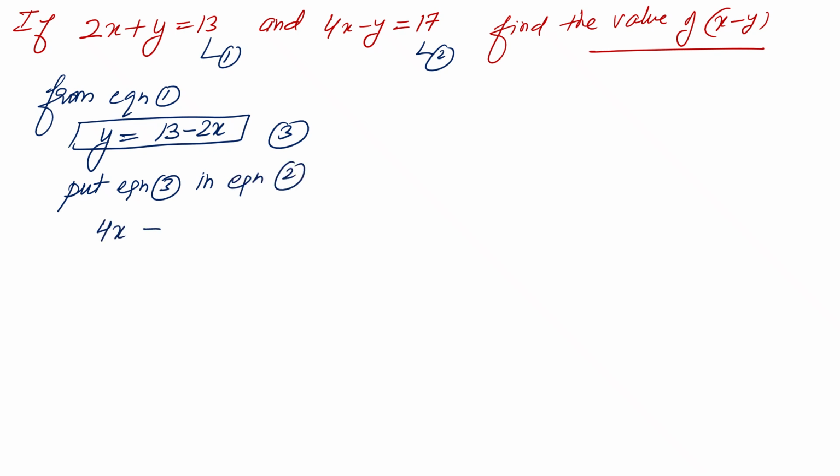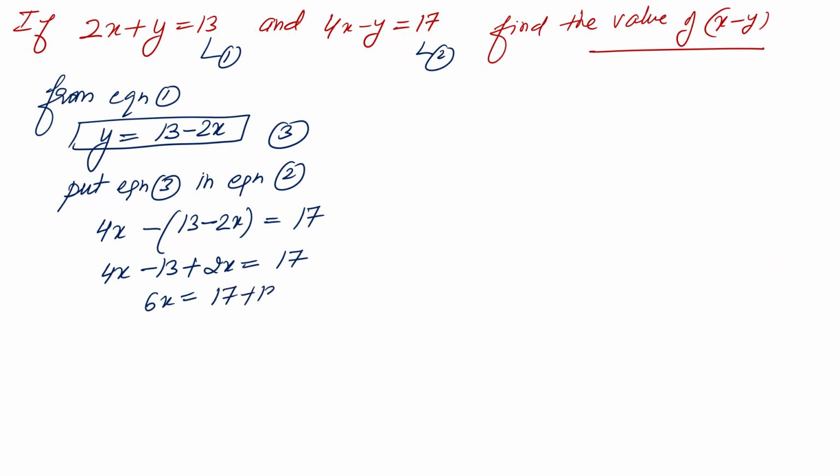4x minus y. y की जगह हम लिखेंगे 13 minus 2x equals 17. Solve करेंगे. 4x minus 13 plus 2x equals 17. 4 plus 2 is 6x. And 17 plus 13, it would be equal to कितना हो जाएगा भाई? ये हो जाएगा 30.